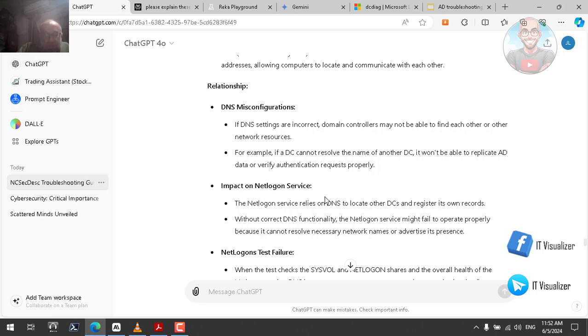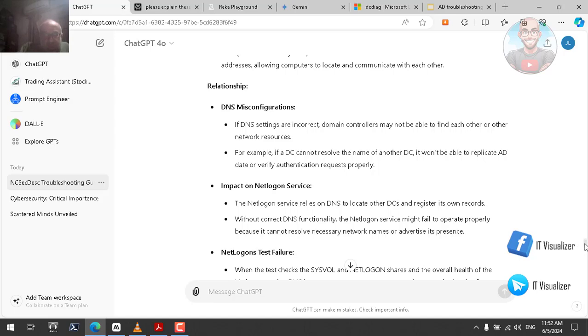So the Netlogon service depends upon the DNS to locate the domain controllers and then authenticate the users to the domain controller. So correct. Maybe this is one.